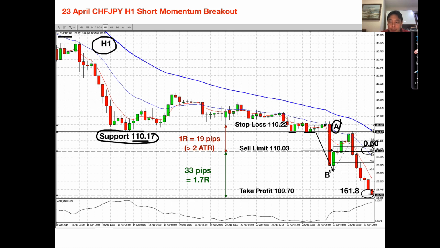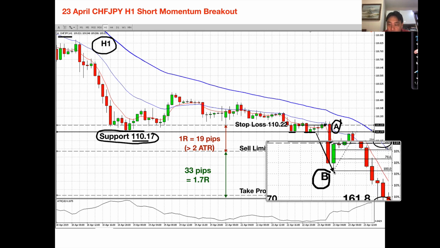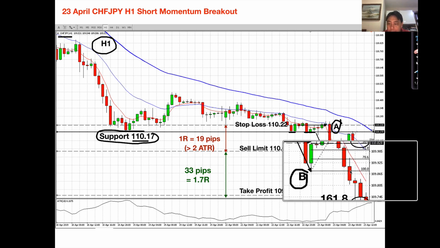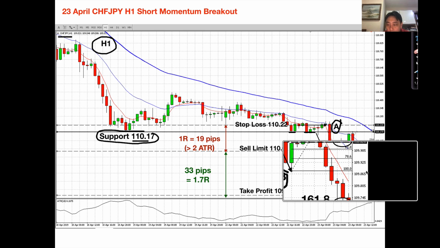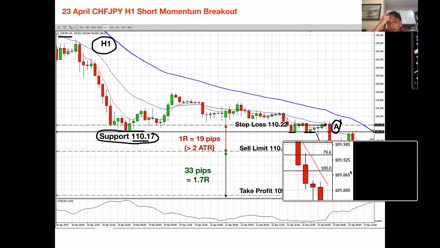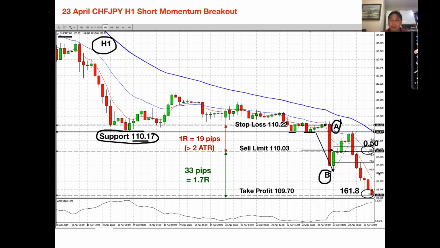Then as the price comes down, I'm looking for the lowest point before it retraces. So in this case, it's point B. Point B would be the exact low of the candle here at about, well, I didn't actually write down the level, but it's about 109.70 thereabouts.